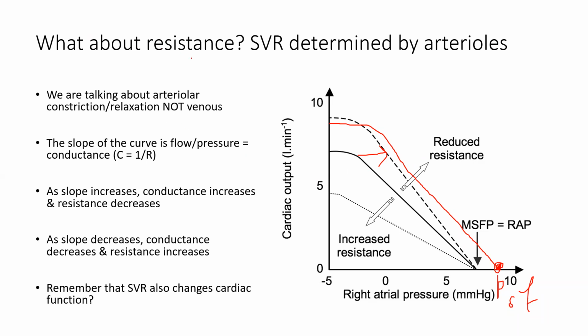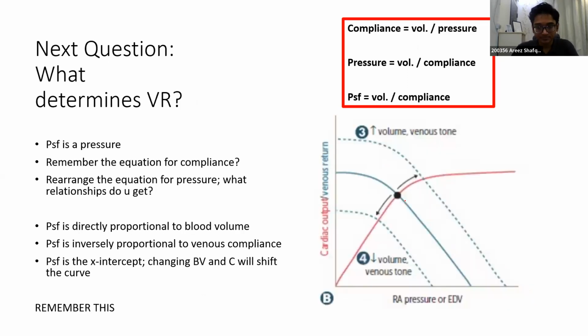Increased venous return. Yeah, so I've increased venous return. Okay, look. We said PSF equals, okay, so we need to explain this again. We said PSF is the x-intercept of this graph, right? Increased blood volume, exactly, yes.